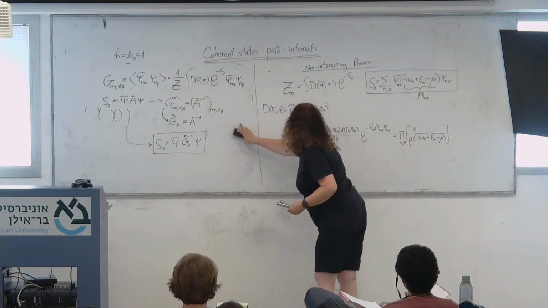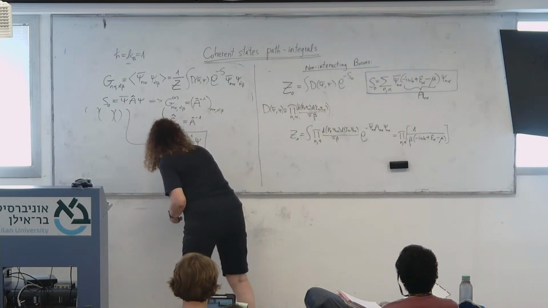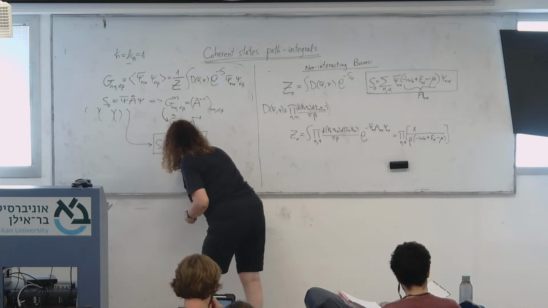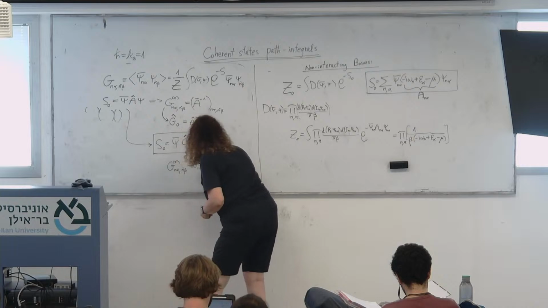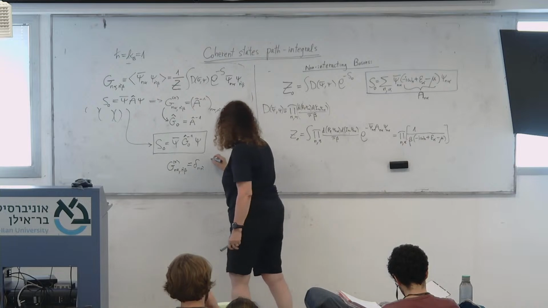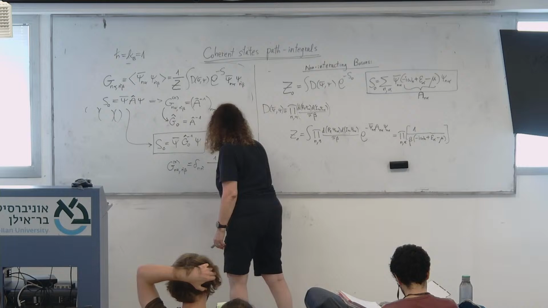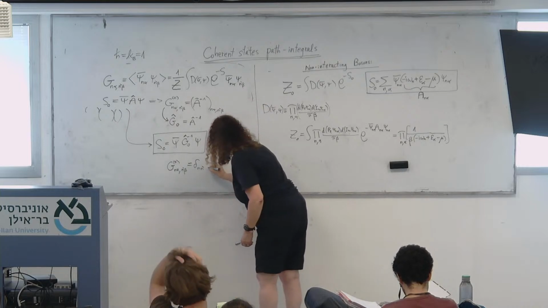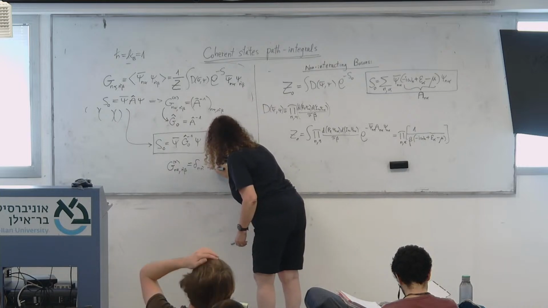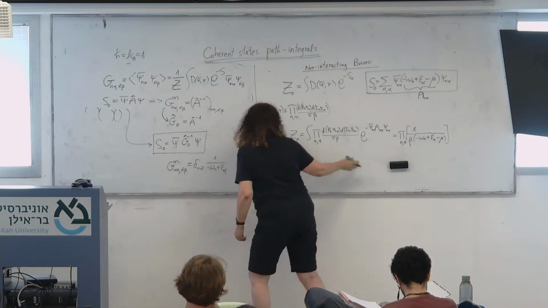Okay, and yeah. So in fact, G naught n alpha, n prime beta is indeed delta n n prime, and then actually, let me write it explicitly for non-interacting particles.